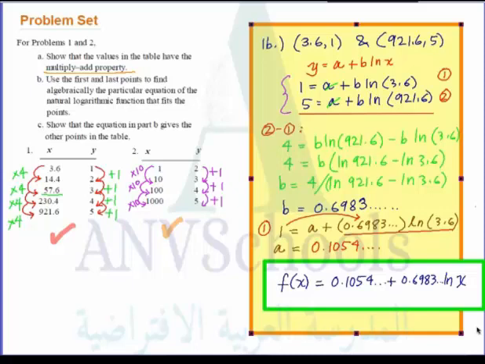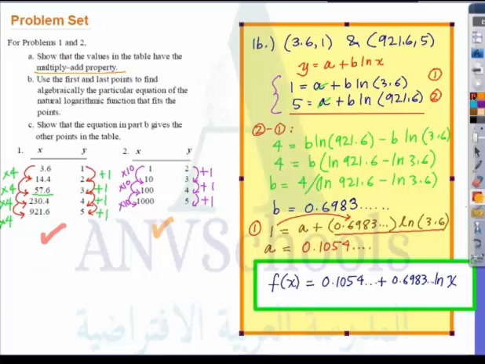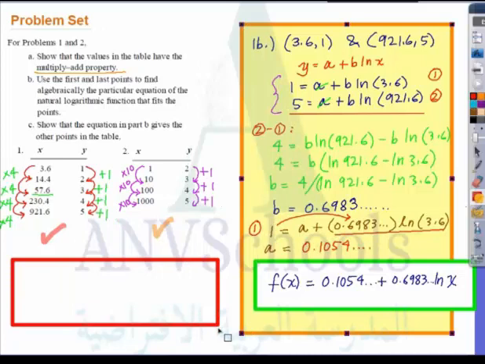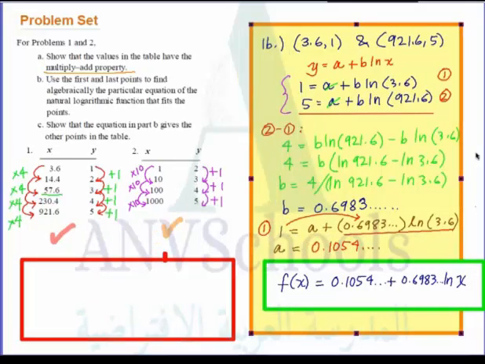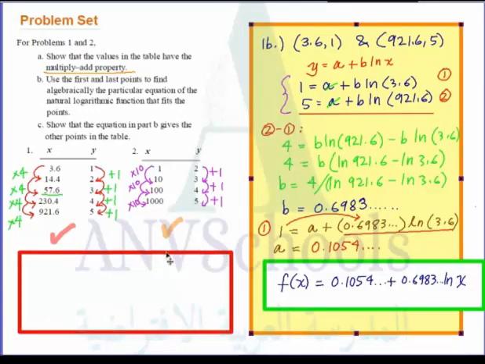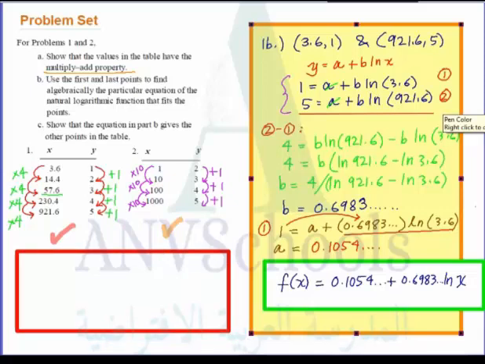Next, we've done 1B, and for 1C, let's do it here on the other portion. For letter C: show that the equation in part B gives the other points in the table.